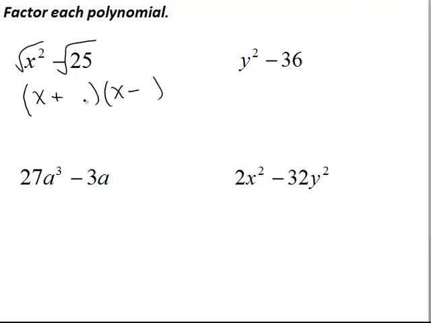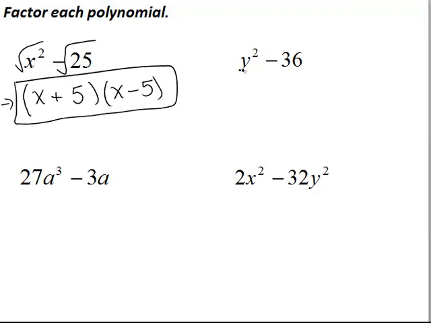Now, the missing part happens to be the square root of the second term there. In this case, the square root of 25 is 5. So we fill in a 5. So x plus 5 times x minus 5 are the factors. And when multiplied out, we should get x squared minus 25. So this is our answer for the first example.